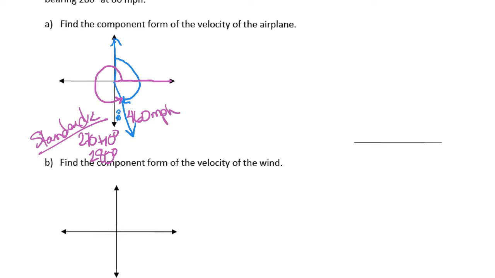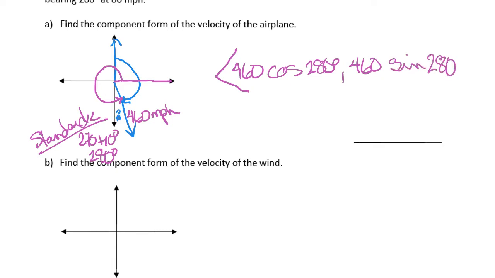Okay, so coming up with our component form, it's going to be 460 cosine of 280 and 460 sine of 280. Crunching that in your calculator, it's going to be 79.878 and negative 453.012.